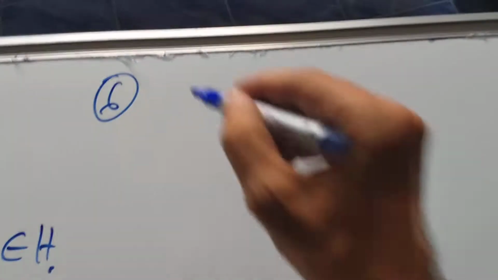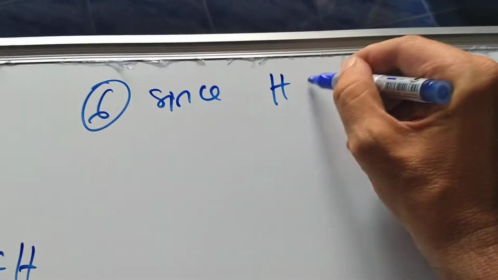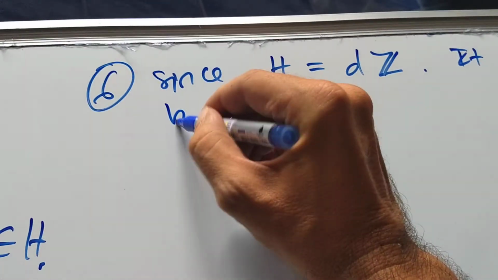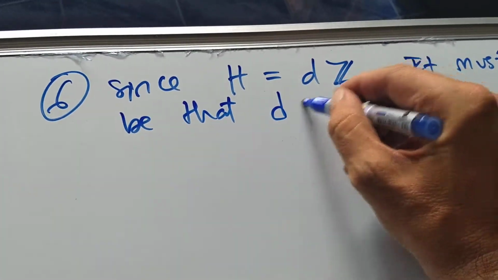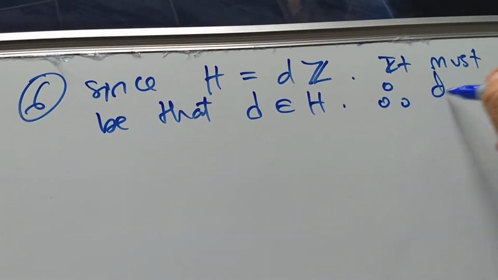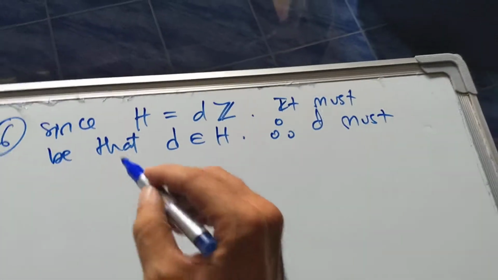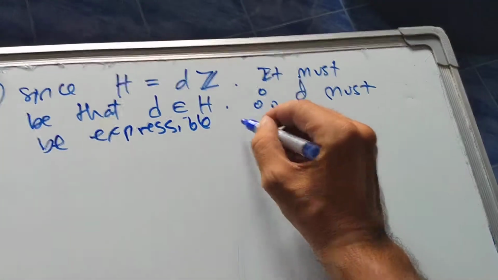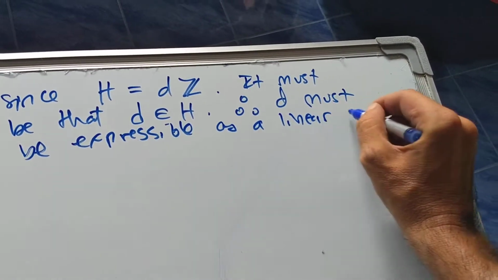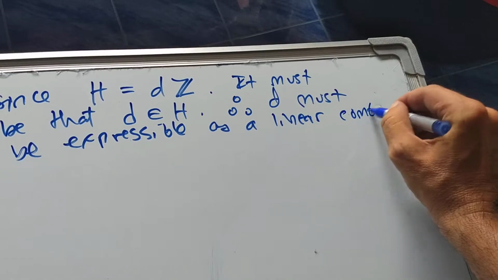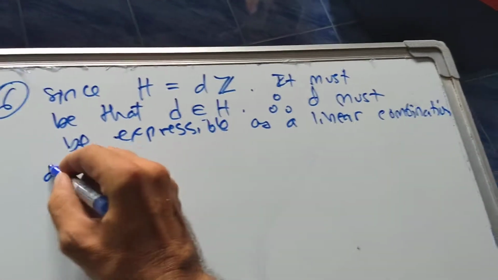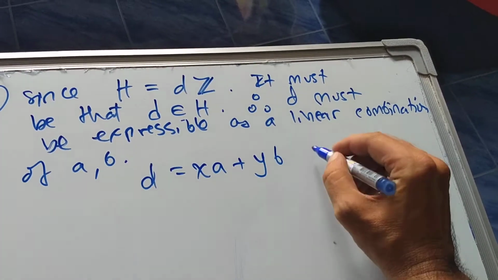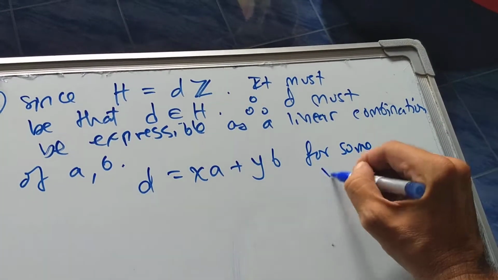All right. Since H is a multiple group, it must be that D itself is an element of H. Therefore, D must be expressible as a linear combination of A and B. So it must be that D is xA plus yB for some x and y.